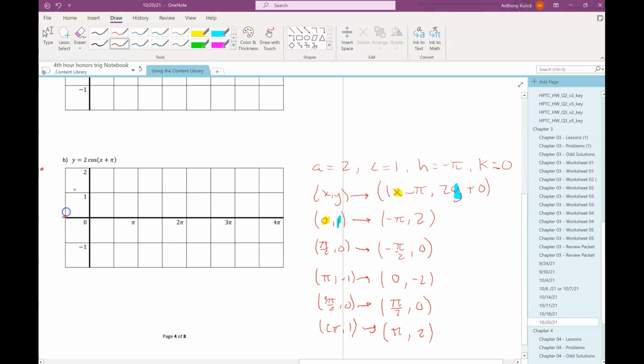And then I'll just continue that pattern. So I go to the midline, minimum, midline, maximum, midline, minimum. And then I'm just going to draw my graph. Is that okay?